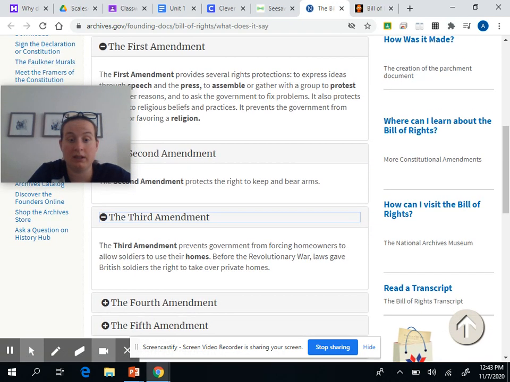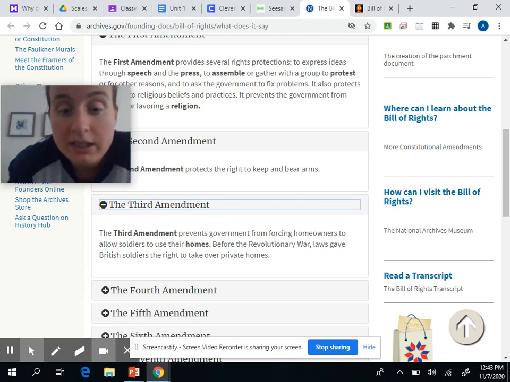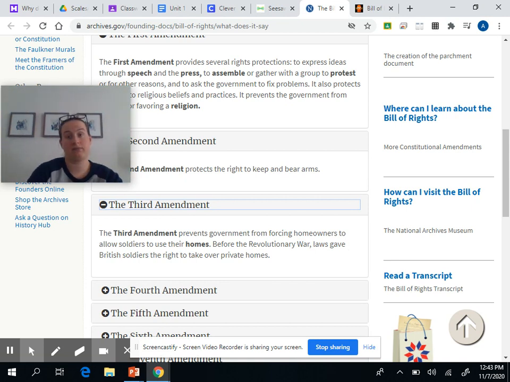Okay, so this is something that the founding fathers found important to put in, but we might not see the importance. So it gives you the right when you own a home to say, no, soldiers, you cannot use my home.